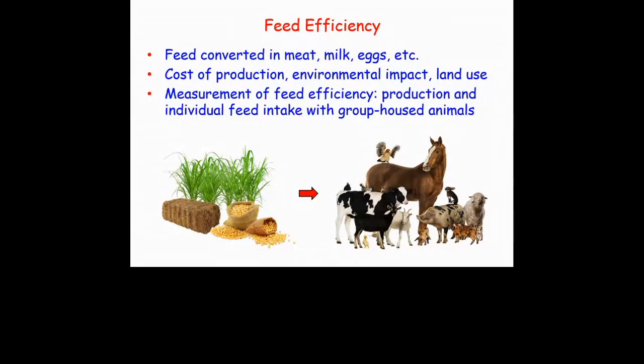We can look at body composition also. So we use digital technology to help measuring the output. But then what is very tricky and difficult is to measure feed intake or feed consumption on an individual basis, because animals in general are raised in groups. So you know how much the group is eating, but not individually. Okay?